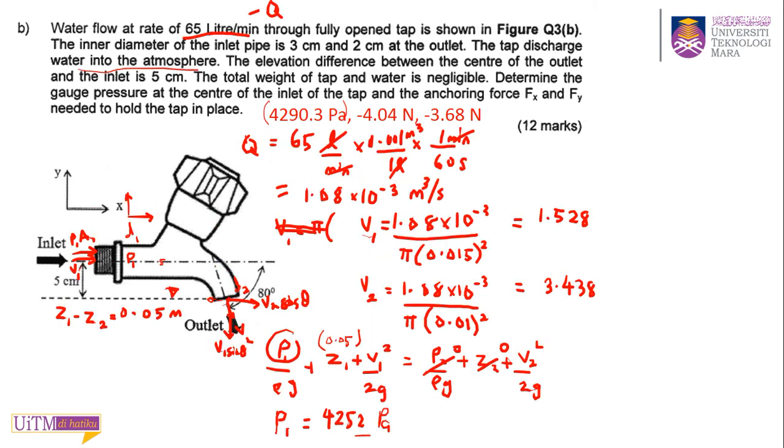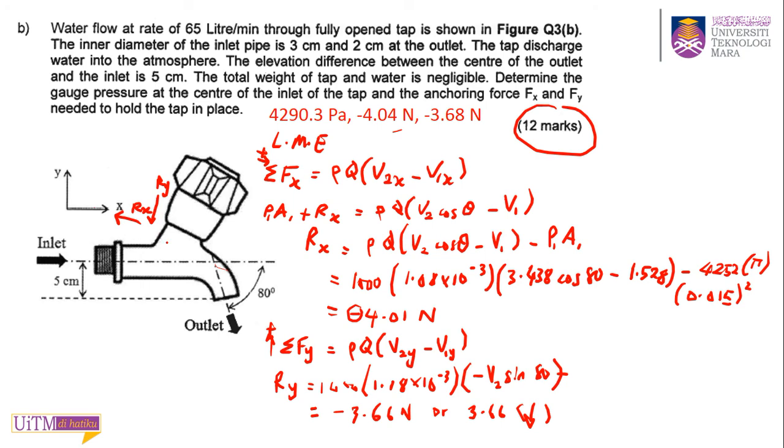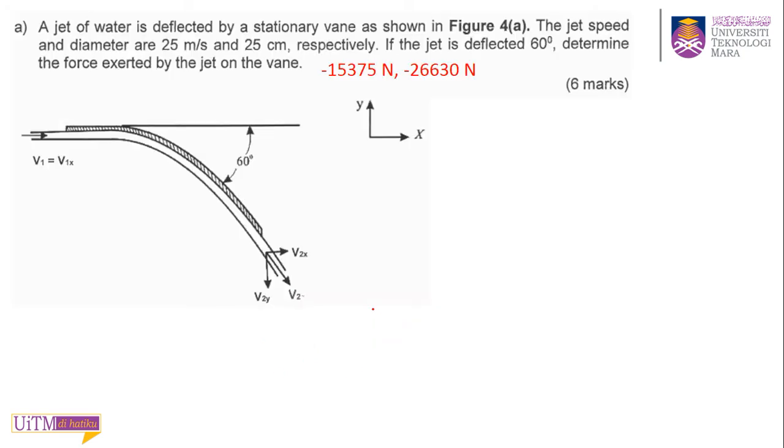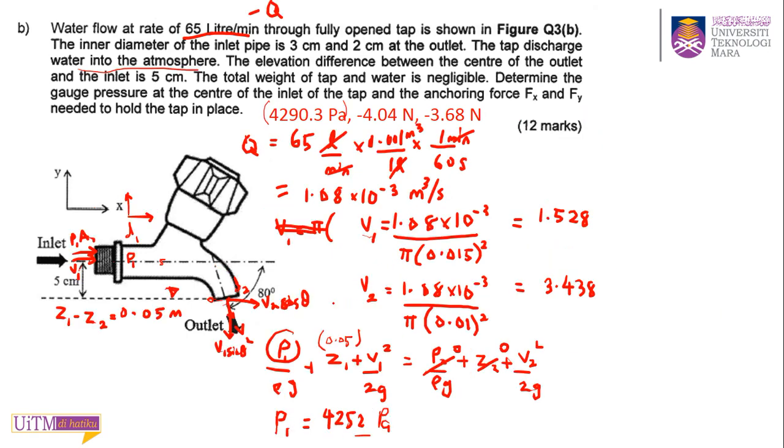Sir, earlier you wrote Z1 minus Z2, what is that? Z1 minus Z2 equals 0, this one. Because they give you the elevation difference between point 1 and point 2, which is 5 cm. This is Z1 minus Z2, 0.05.